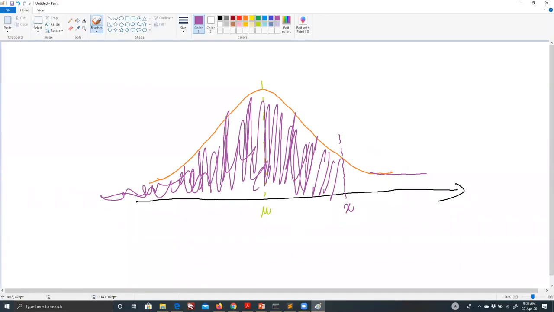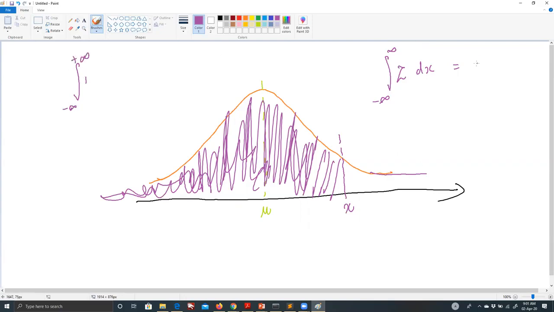So if I integrate the whole Z distribution, what would I get? If you integrate a normal distribution from negative infinity till positive infinity, what do you get? 1.